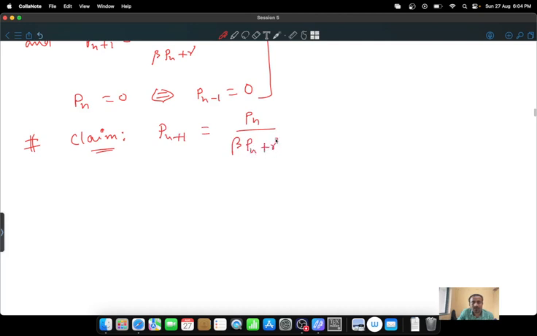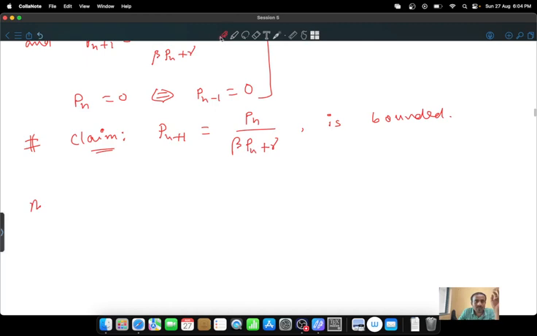Since you have found now that beta Pn is positive, this quantity beta Pn plus gamma in the denominator is also positive.